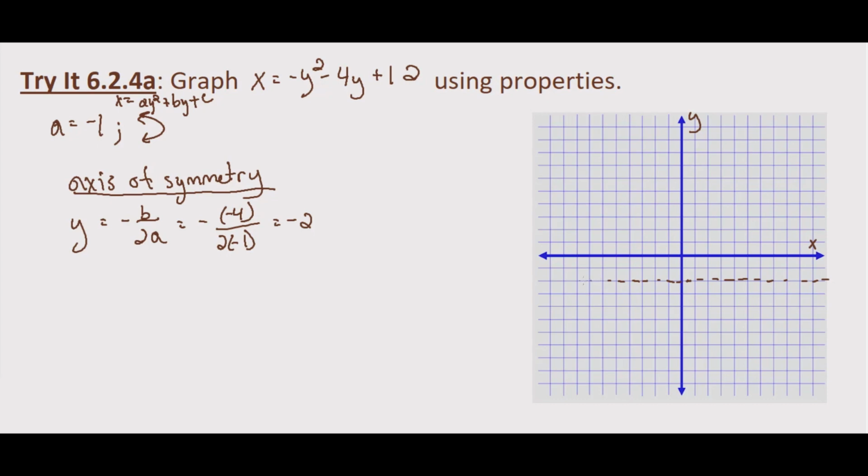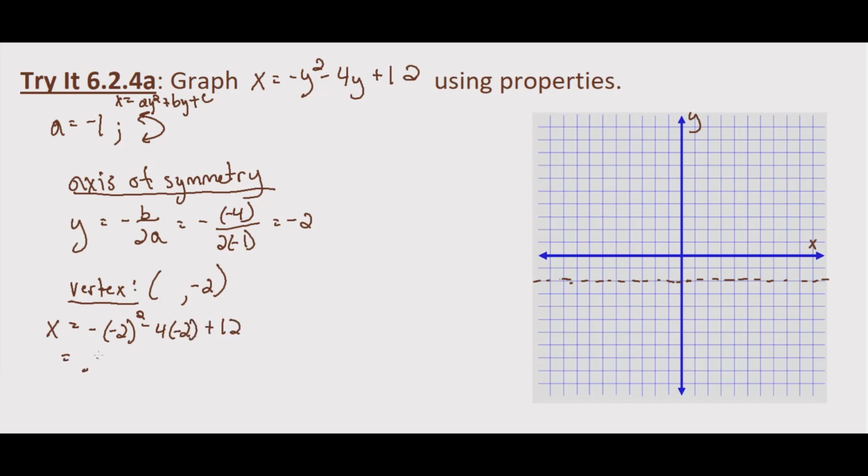And again, it's not necessary, but it does help you to see what points you have due to symmetry when you graph intercepts or additional points. So now we're going to look at our vertex. Well, we know the y-coordinate is going to be -2. So we substitute that: x equals -2 squared minus 4 times -2 plus 12.